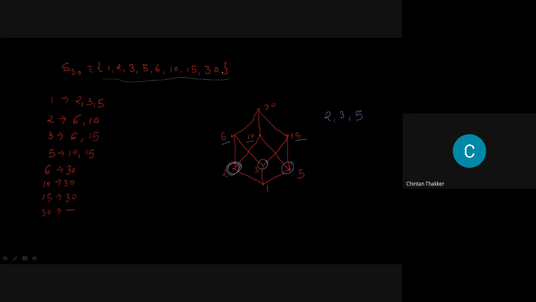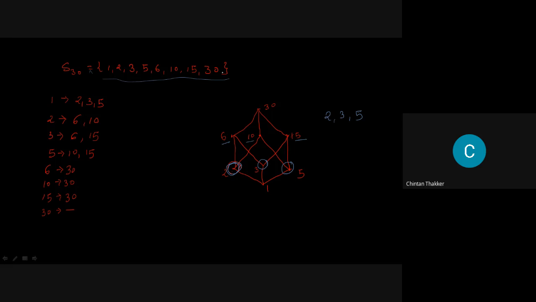So in a Hasse diagram, if only one line is coming from the downside, then that element is called join irreducible.